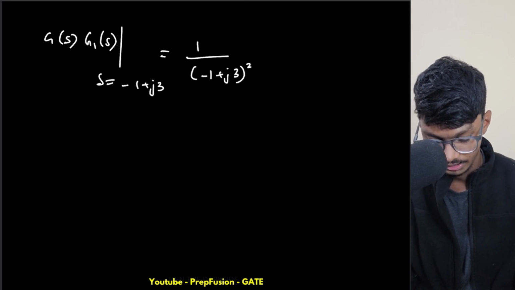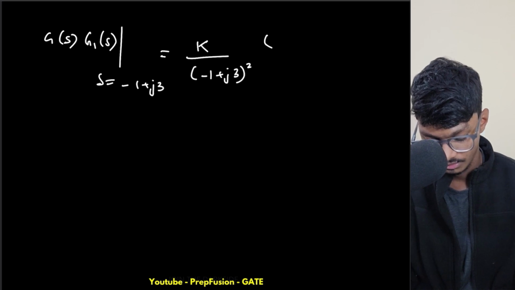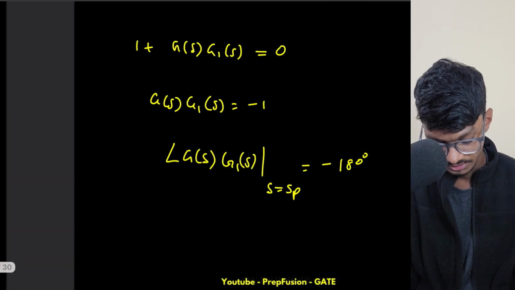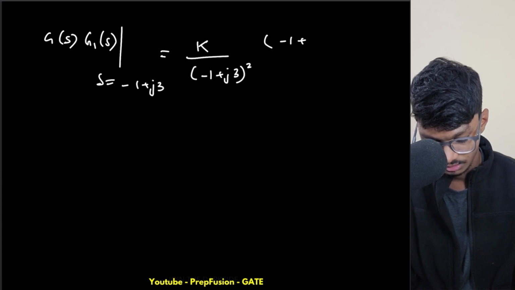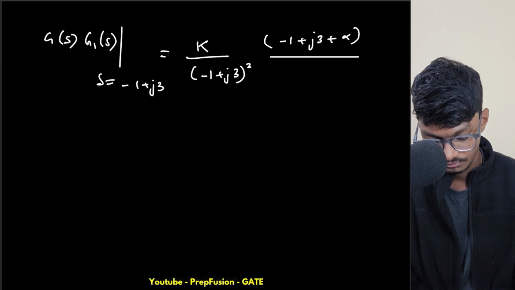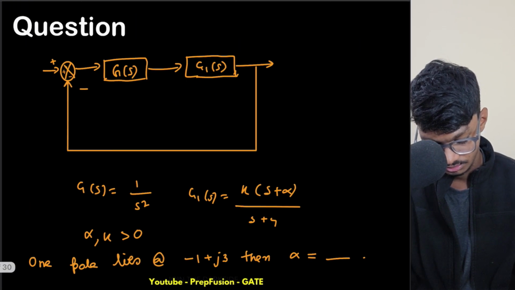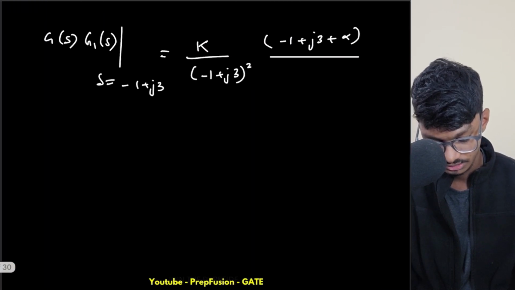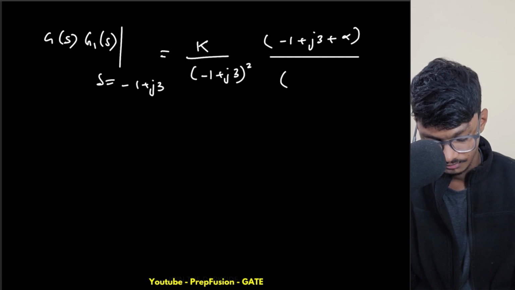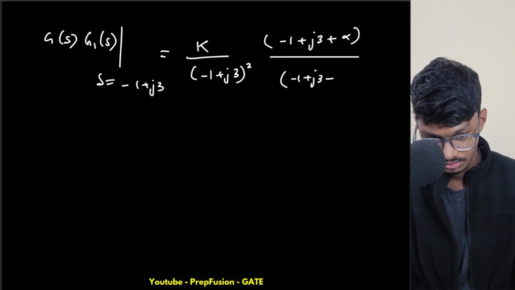In the numerator I have a k also, and s plus alpha, so this will be minus 1 plus j3 plus alpha, divided by s plus 4, so minus 1 plus j3 plus 4.